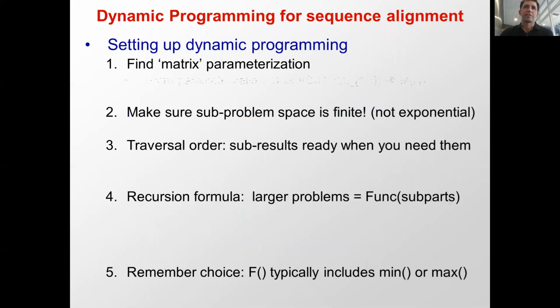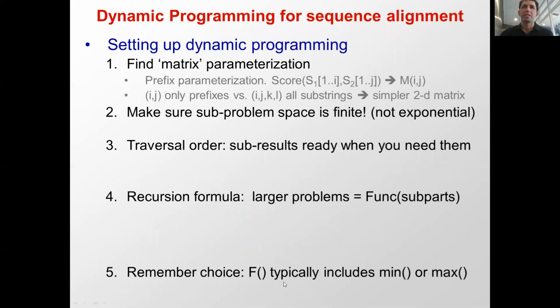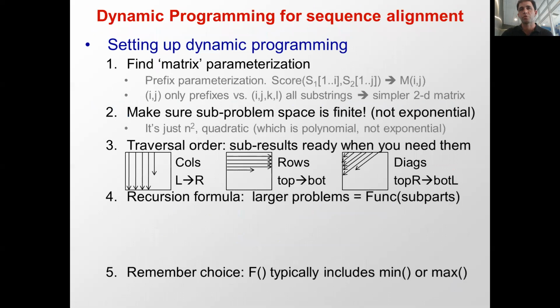So let's go through the 5 steps of the dynamic programming solution. We basically have to find the matrix parameterization, and we did that through this prefix length. Make sure that the subproblem space is finite. And again, it's just an n-squared subspace. It's just that matrix that we have to traverse in terms of path.